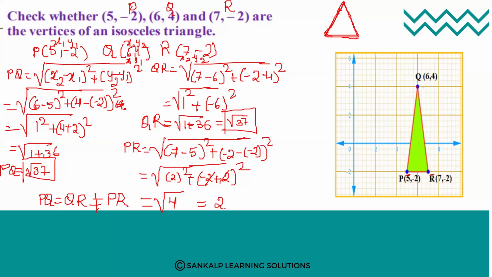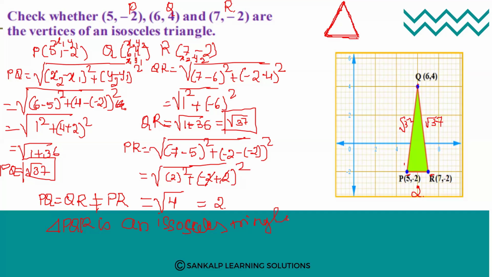For isosceles, two sides should be equal. Here PQ and QR are equal. This is root 37, this is also root 37, but PR is 2. Therefore, PQ is equal to QR. By using this condition, I can say that triangle PQR is an isosceles triangle.